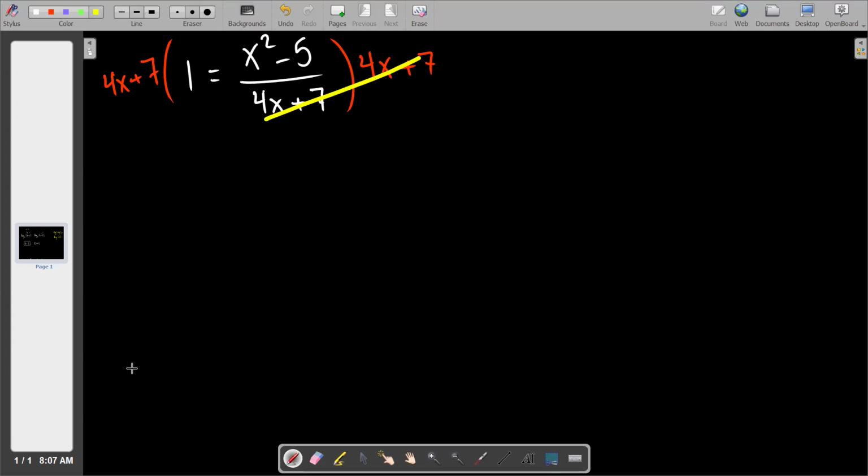Whatever's on the bottom of a fraction, you should multiply by. Don't try to analyze things, just see fraction, kill fraction. So on the left-hand side, when you multiply 4x plus 7 by 1, you of course just get 4x plus 7. And on the right-hand side, the x squared minus 5 just falls to the ground when you pull the bottom of the fraction out.